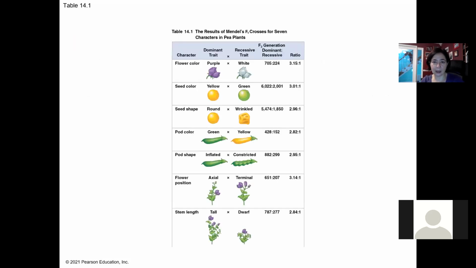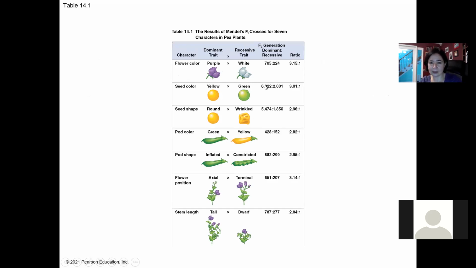And he was doing the crosses. As I said, he had huge patience, humongous, right? Because look at these numbers. Flower color, seed shape, pod color, pod shape, flower position, stem length, right?